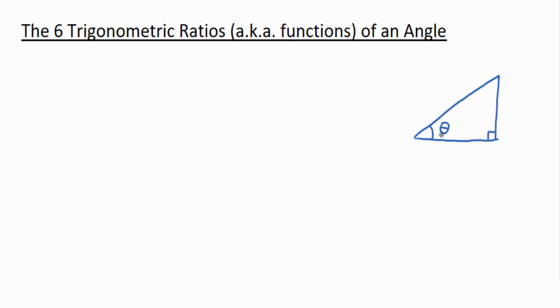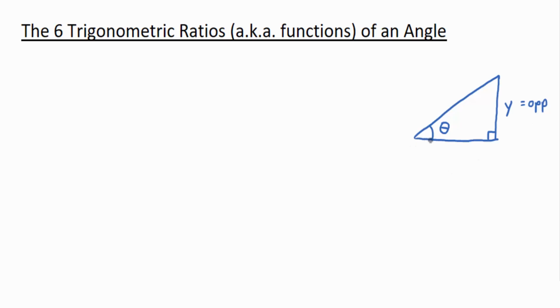Theta, the angle, is going to be our input to our trig functions. The output's going to be a ratio. I'm going to label the opposite side of theta y, but in a minute we're going to think of it as the opposite side, so I'll also label it OPP for opposite. In relation to theta, the side of length y is the opposite side, isn't it?